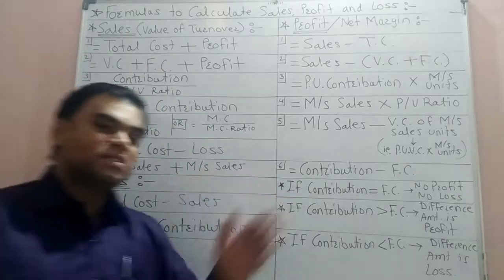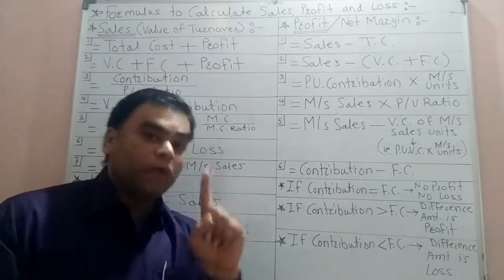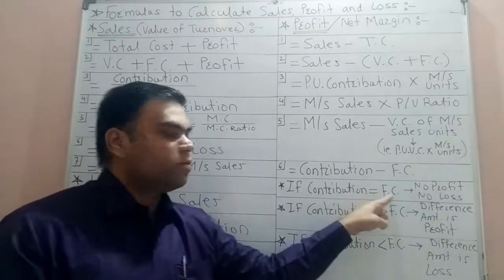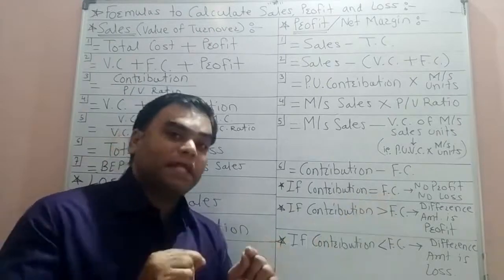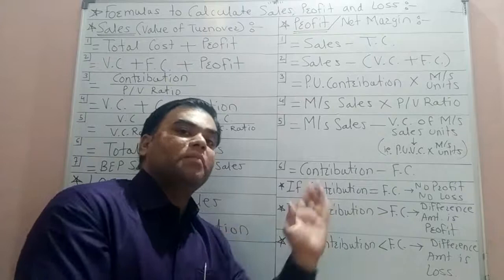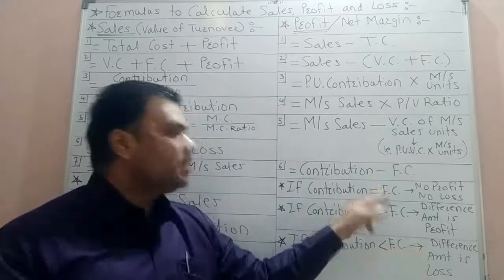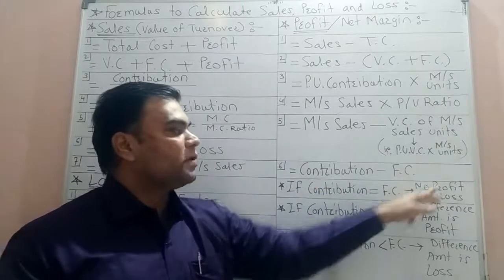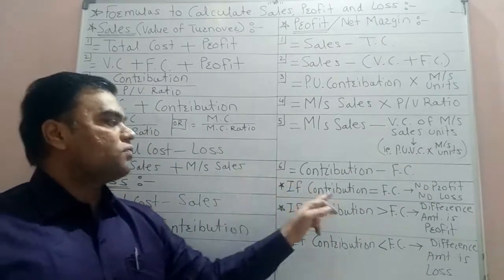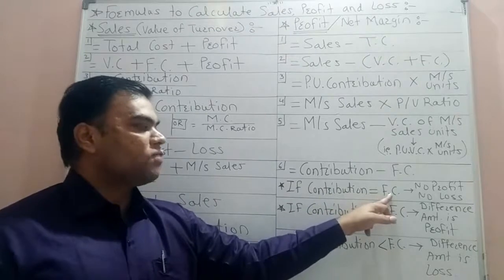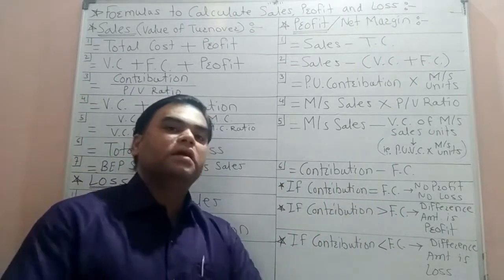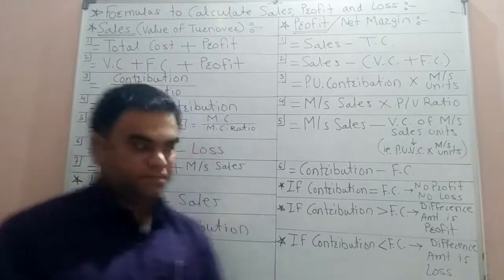As previously discussed, when total contribution becomes exactly equal to total fixed cost, at that time total cost and total sales become exactly equal and the BEP stage, that is the no profit no loss stage, comes. There will be no profit, there will be no loss.